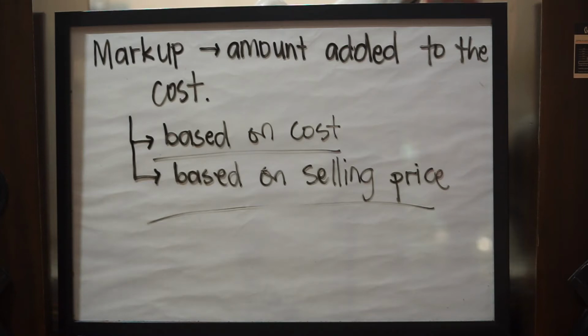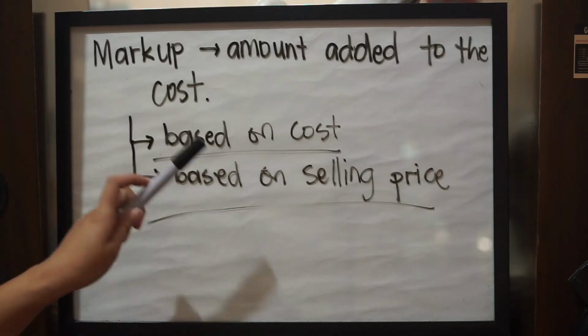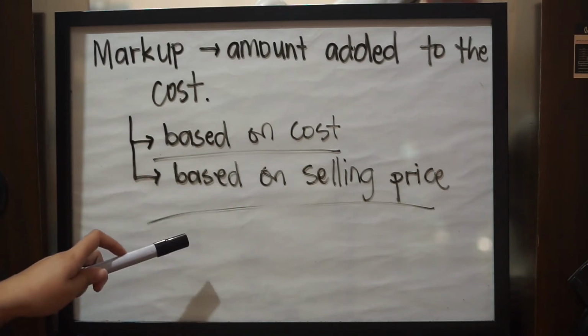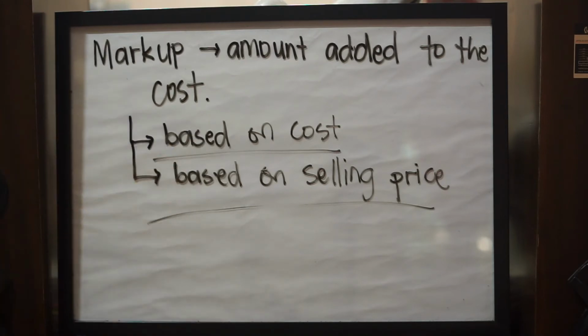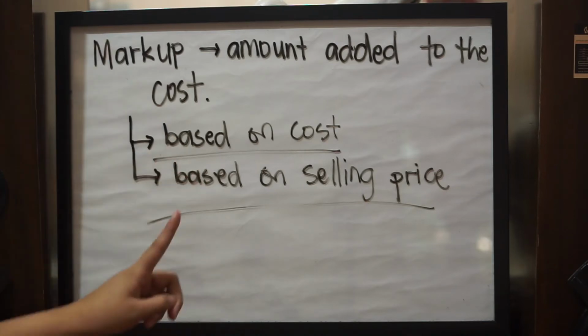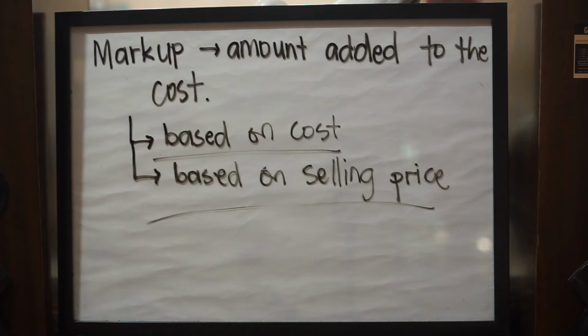Hindi naman sila yung gumagawa ng beauty products, but instead, meron lang silang kinukuhanan ng beauty product tapos nire-resell lang nila. So pagka reseller ka, under ka ng markup based on selling price. Pero if you will produce your own goods, you will be under markup based on cost. So, that's the difference between markup based on cost and markup based on selling price. So, let's now proceed with the word problems under markup based on cost and markup based on selling price.